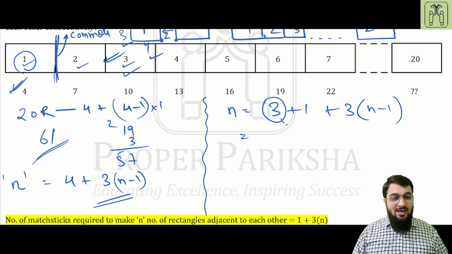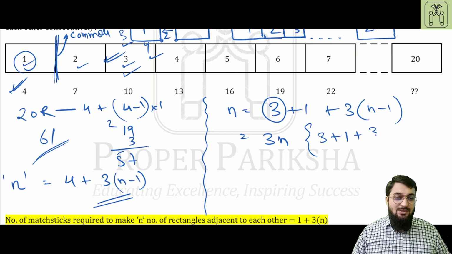So when we add both of them, what will this become? This will become 3n. How will that be? Because you can just expand the brackets and you will find the answer as 3 plus 1 plus 3n minus 3, because 3 will be multiplied by n and 3 will be multiplied by minus 1. So this will be the expansion.